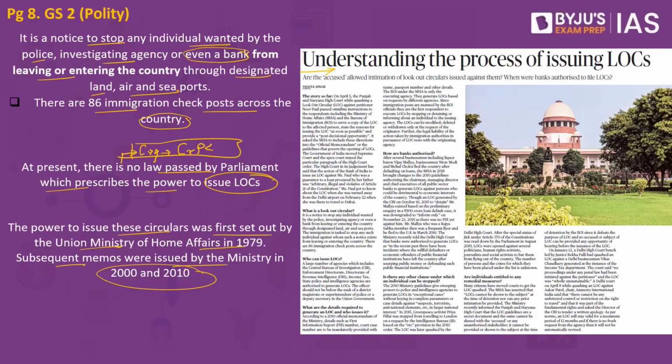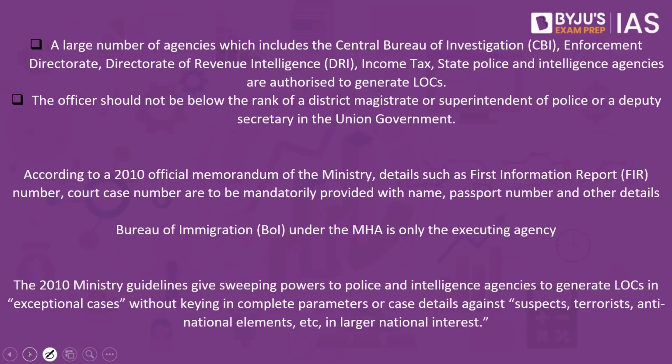It can be used for proclaimed offenders. Who can issue the LOCs? A large number of agencies, including the Central Bureau of Investigation, Enforcement Directorate, Directorate of Revenue Intelligence, Income Tax Departments, State Police and Intelligence agencies are authorized to generate LOCs. The officer should not be below the rank of a district magistrate, superintendent of police, or deputy secretary in the union government.